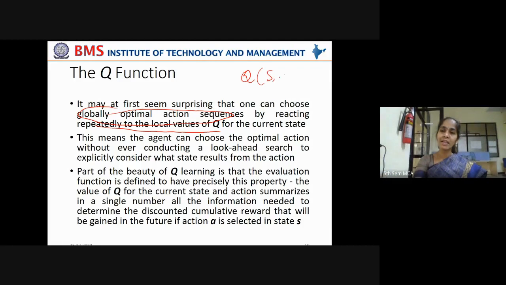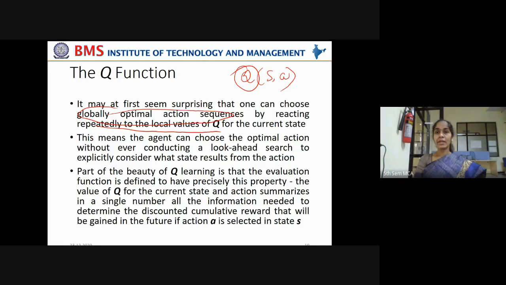Q of S,A represents, from this particular state, if this action is taken, what would be the cumulative reward in every step of the agent from this particular state in any of the directions. That cumulative reward is taken as this Q function.